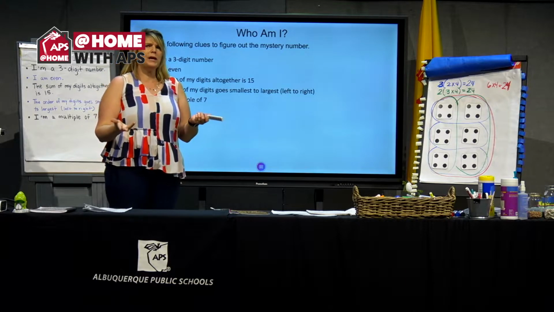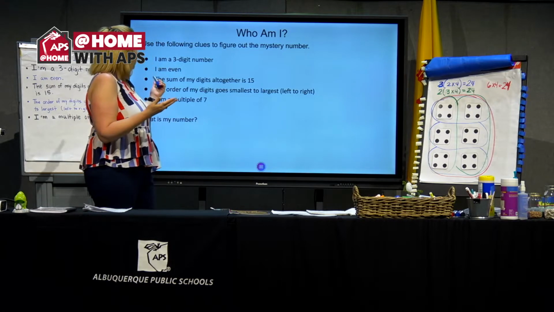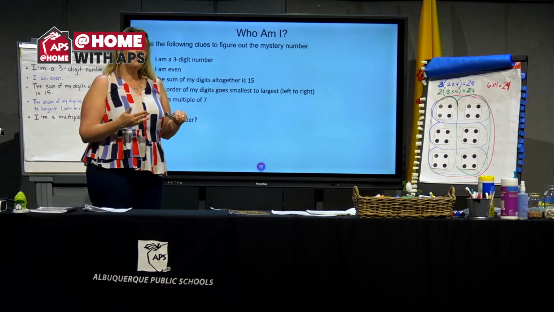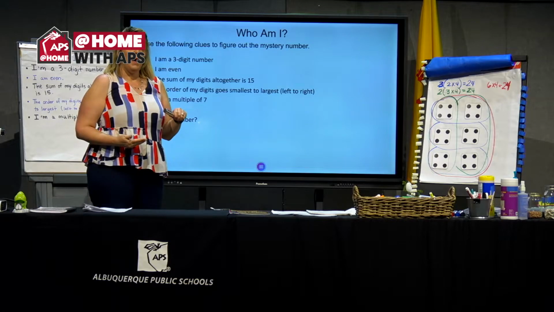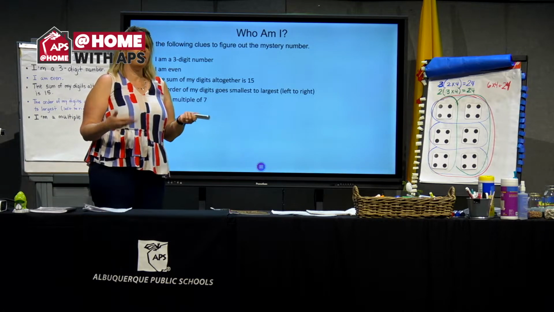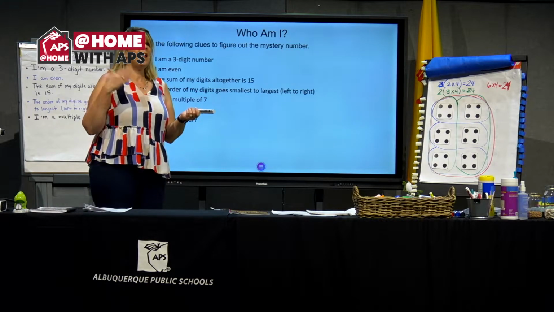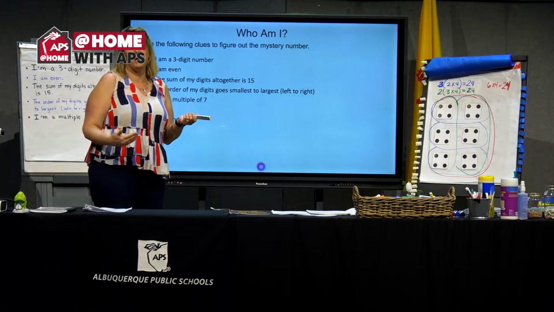As I'm looking at the clues, the first thing that draws my attention is the very last clue: I'm a multiple of 7. How could I figure out what that number's going to be if I just thought about sevens and what numbers I could play with as I'm skip counting by sevens?